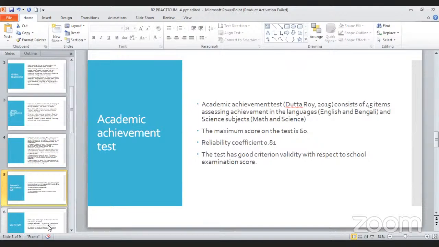How can we measure the validity? It is the item that measures what we intended to measure. Yes, that is the thing. That is the validity. But how do we measure the validity of a test?